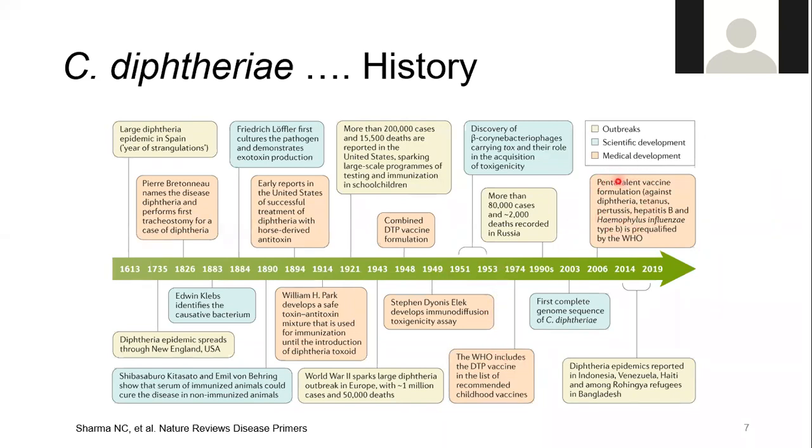And the pentavalent vaccine formulation, which, apart from diphtheria, tetanus, and pertussis, includes hepatitis B and Haemophilus influenzae type B, was in 2006. So it's a long history spanning many decades, or centuries, and after all these years and the presence of a vaccine, we're still having epidemics being reported.